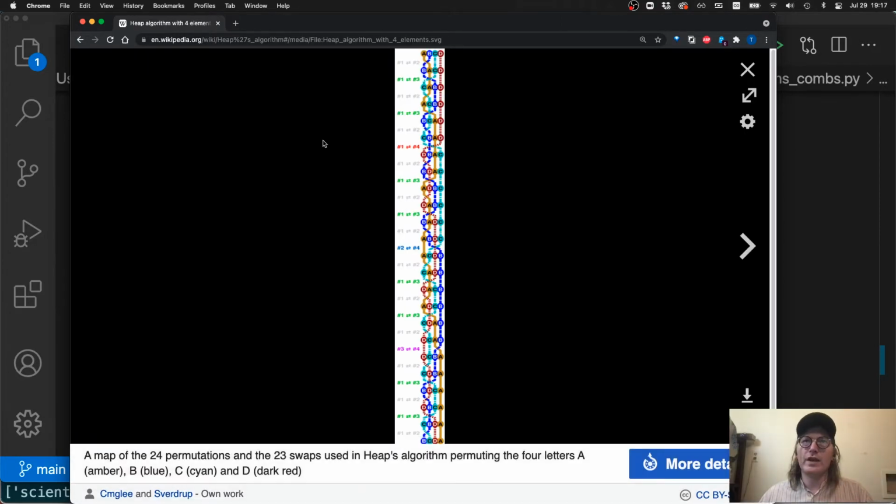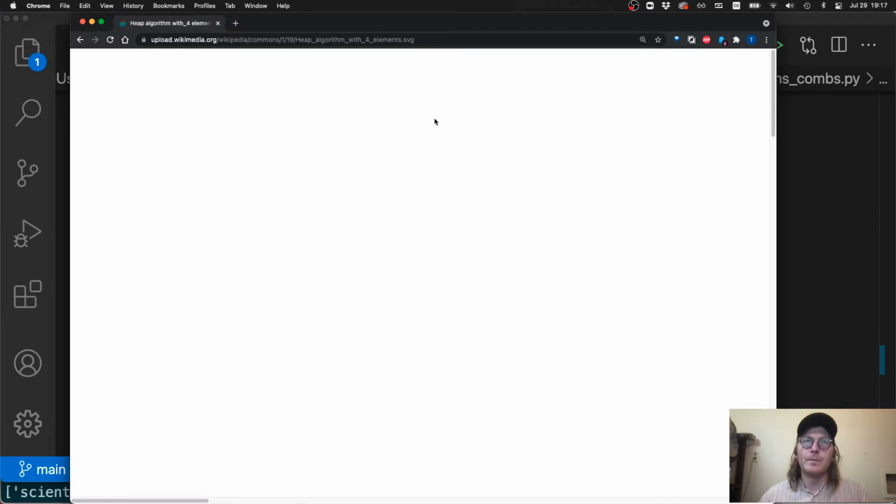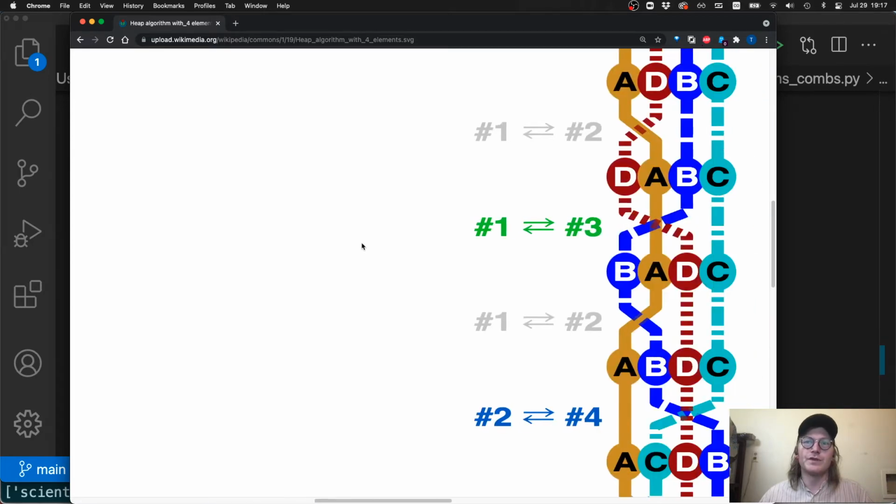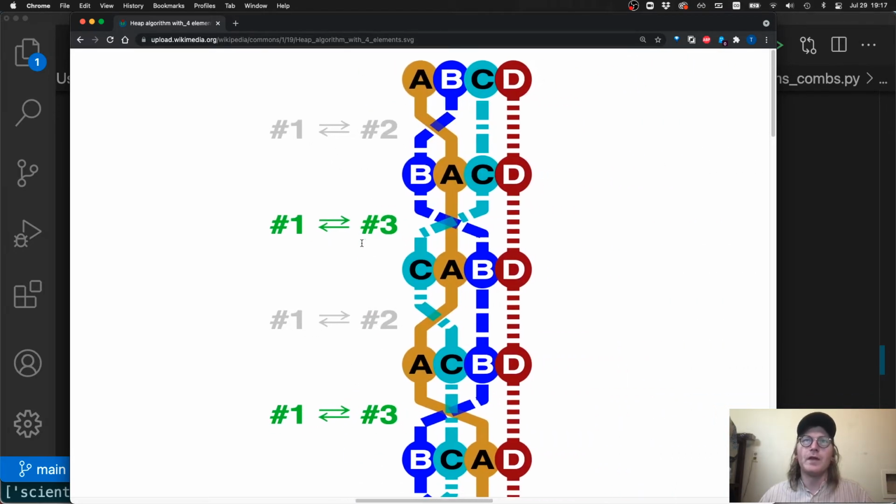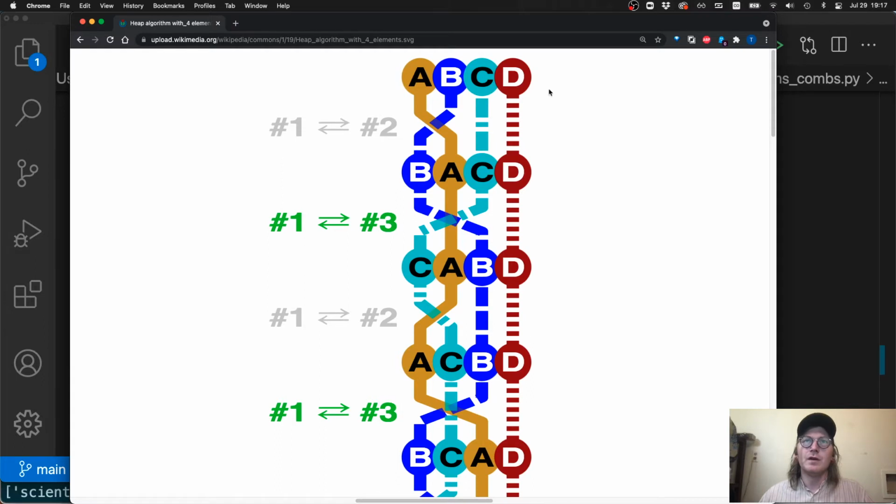So here is a swapping pattern that is used, if this will load. Not sure what's going on there. Oh, there we go. Okay. So notice here we're looking at this on the left, although you can imagine we could flip this over.